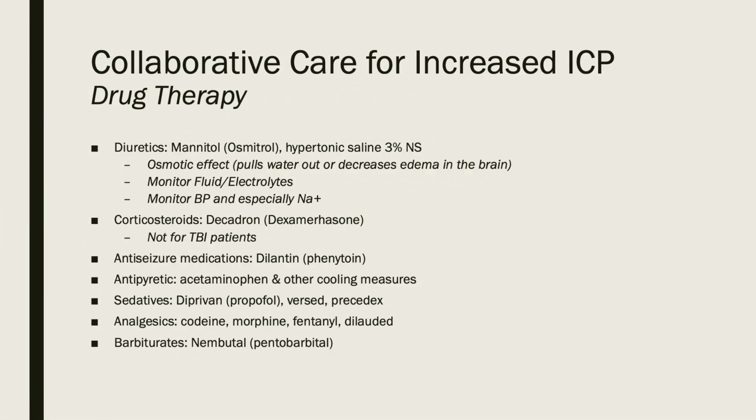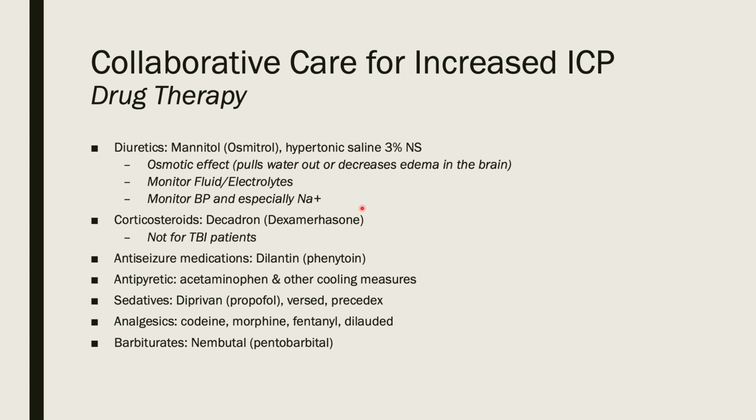Collaborative care for increased intracranial pressure. I'm going to focus on drug therapy, like diuretics. We want to give mannitol or Osmitrol, and hypertonic saline solution, like a 3% normal saline. Both 3% hypertonic saline and mannitol can effectively reduce intracranial pressure. 3% hypertonic saline has more of a sustained effect on intracranial pressure and can effectively increase cerebral perfusion pressure, which is the goal.